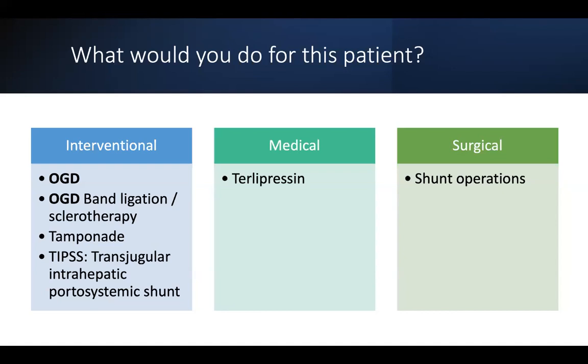I will do band ligation or sclerotherapy. I put endoscopy twice here, because if you did the endoscopy the first time and did the band ligation or sclerotherapy and the patient re-bled again, the next step is endoscopy again. That's why I put it twice.